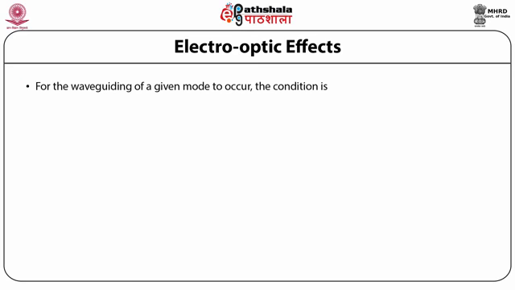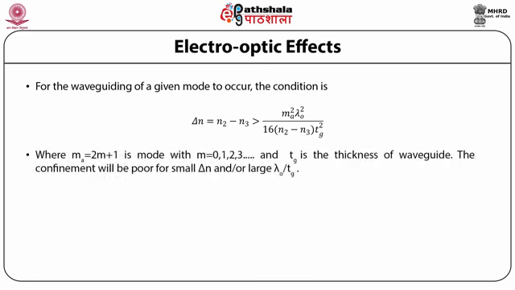So for the waveguiding of a given mode to occur, the condition is delta N equal to N2 minus N3 greater than Ma square lambda naught square divided by 16 Tg square, where Ma equal to 2m plus 1, with m equal to 0, 1, 2, 3, and so on.